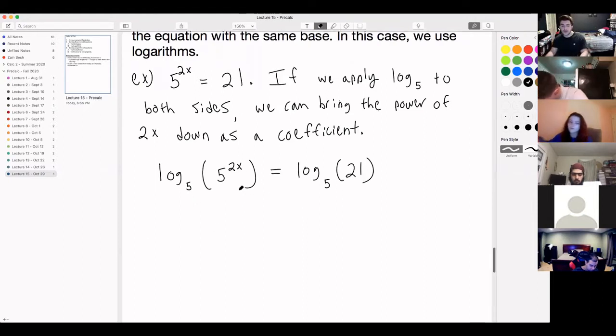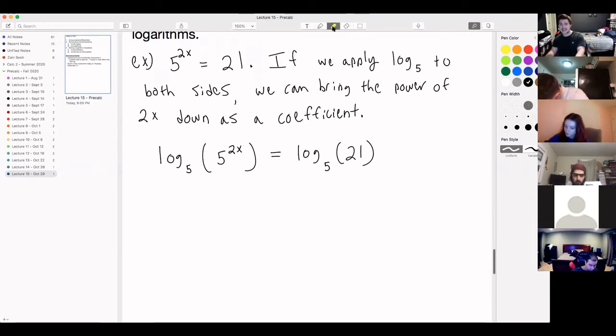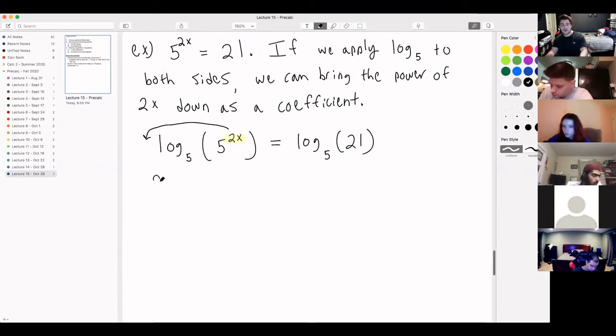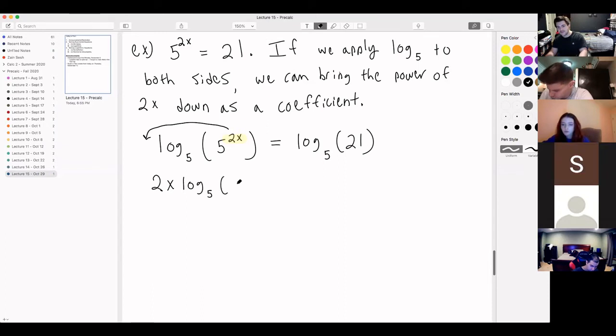Okay, so the whole point of using logarithms here is now I can use that power rule and bring this power of 2x down. That's the whole point. So this will be 2x. The 2x now comes out as a coefficient. This is 2x times log base 5 of 5 is equal to log base 5 of 21.